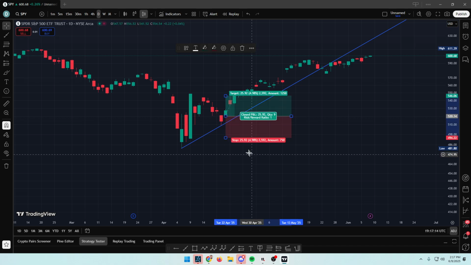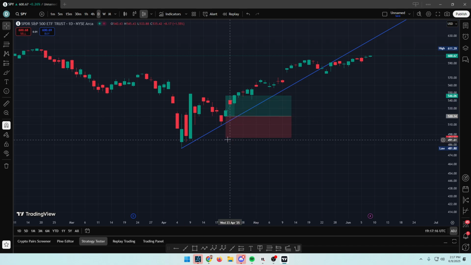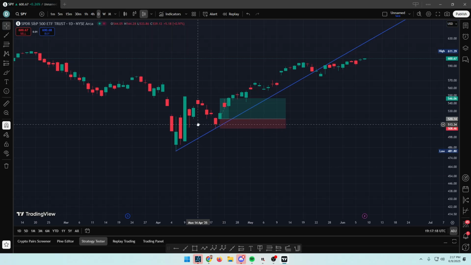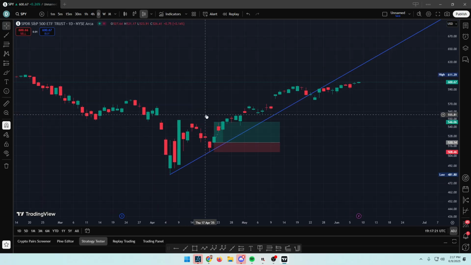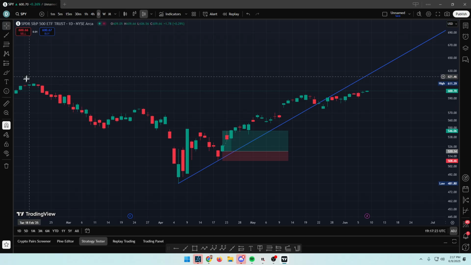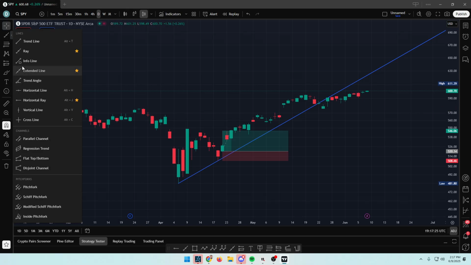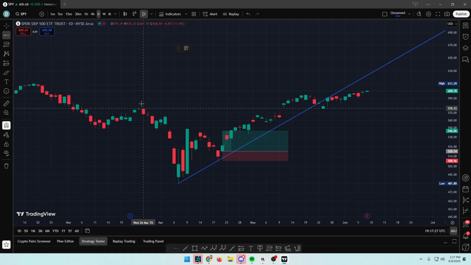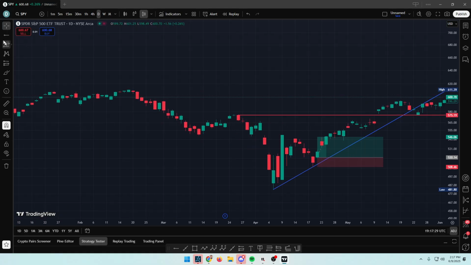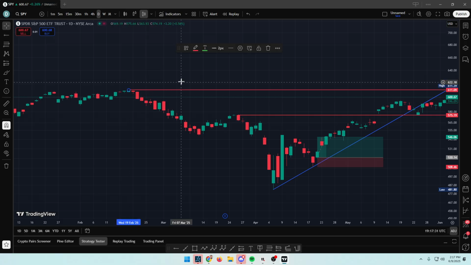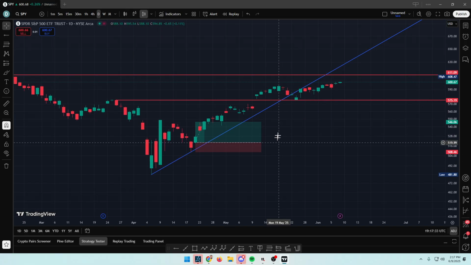If we entered on that candle, your stop loss is going to be your previous low, and you're going to set a target at a previous high. It doesn't really matter where, but you could set your price target here, or here.